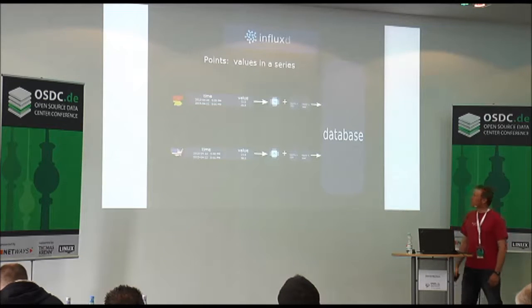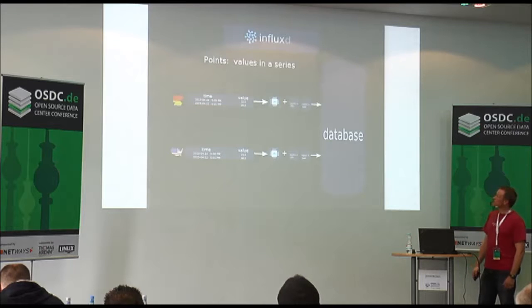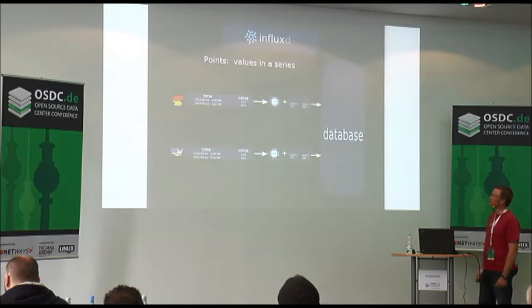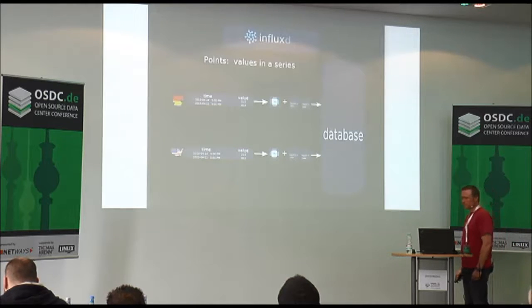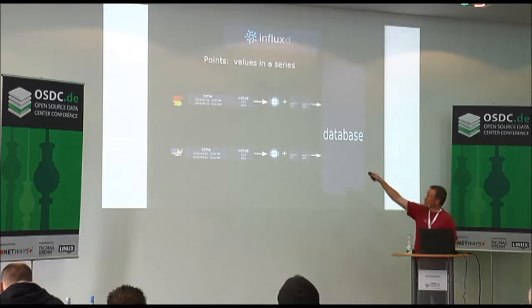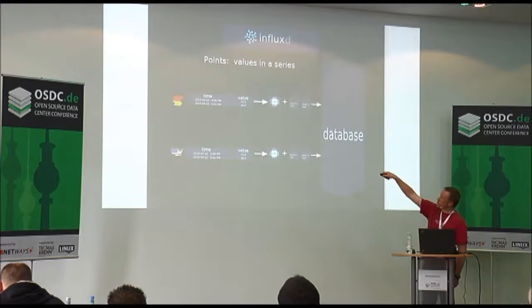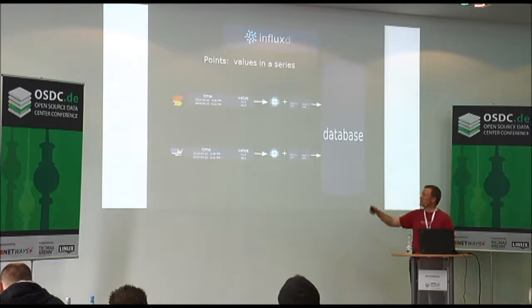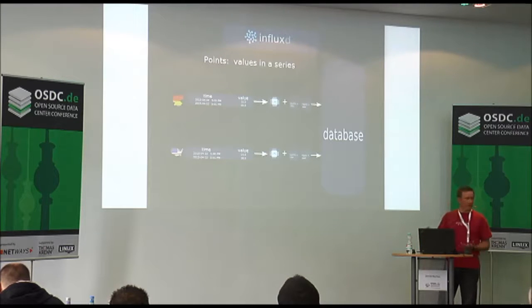Then inside of a series, we have points. And the points are just the values, the actual data values themselves, with their timestamps. Now the example, the little table data over there, shows just one value column. And that's common in time series, to have a timestamp and a single value, like a CPU measurement.